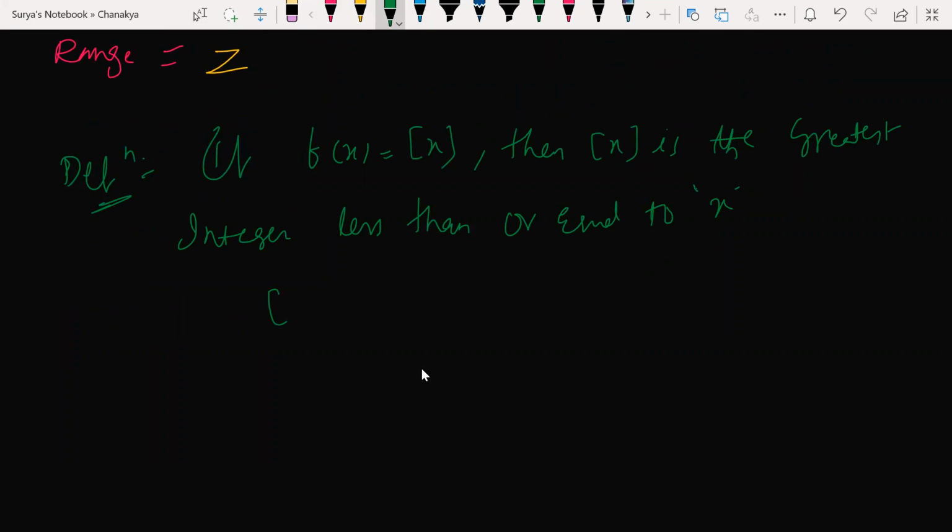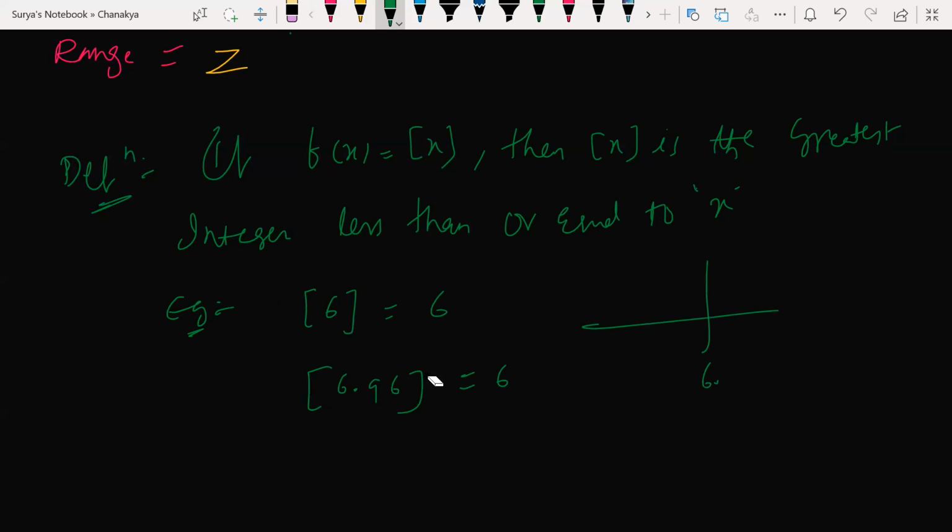Sir, what is the meaning of this? For example, you write any example, 6.96. What is the greatest integer less than or equal to x here? I told you 6 is 6 only. If I say 6.96, you can't write 7 here. You have to write 6 only.